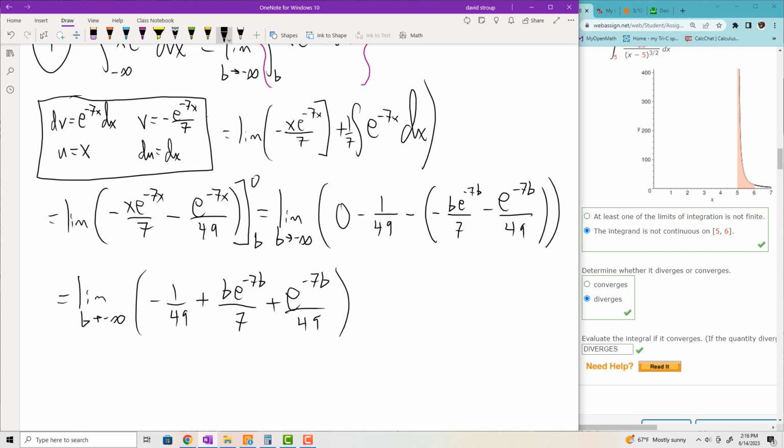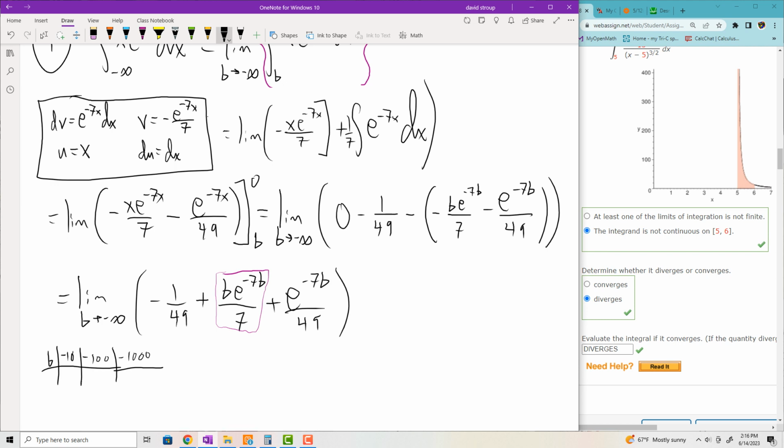Okay. And then what are these types, right? So the first term is just a constant, negative 1 over 49. And then if you plug in a sequence of numbers going to negative infinity, like negative 10, negative 100, negative 1,000, if I plug those values into this expression here, where does that expression go?